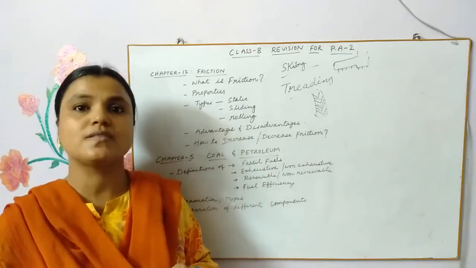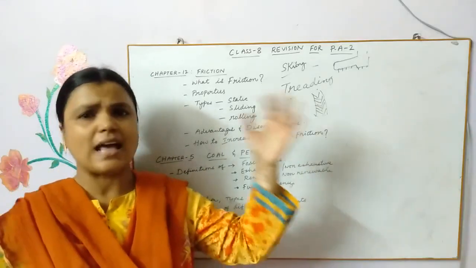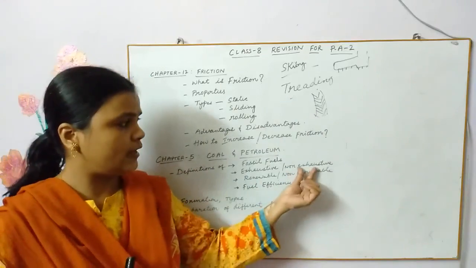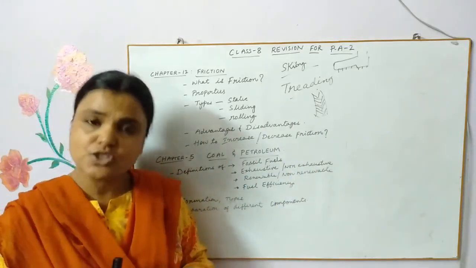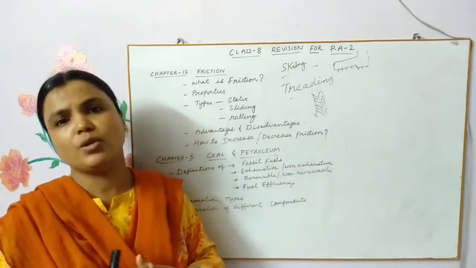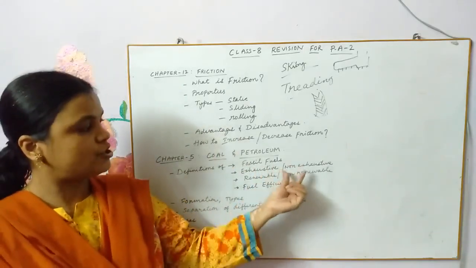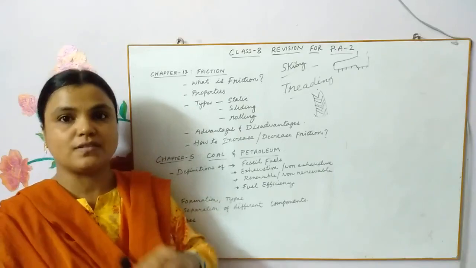Inexhaustible is quite the opposite. That means they are present in an unlimited amount in nature, and you can use as much as you wish, and they are easily available in nature, and they don't take much time for their formation. So you have to just know the basic differences.